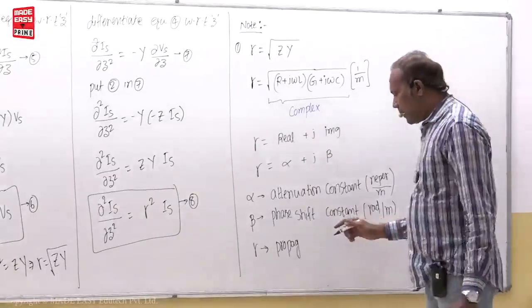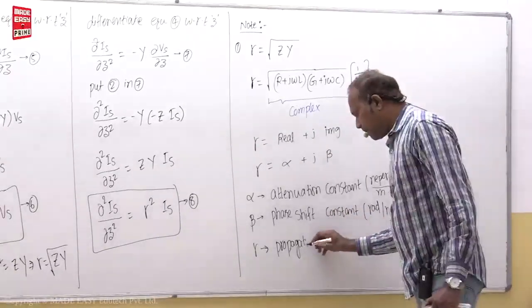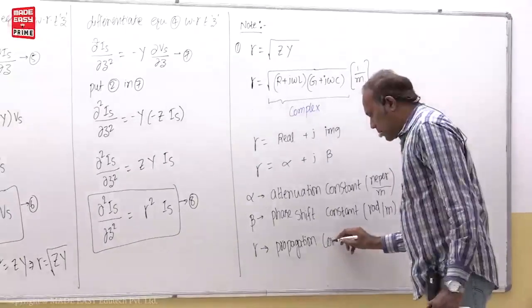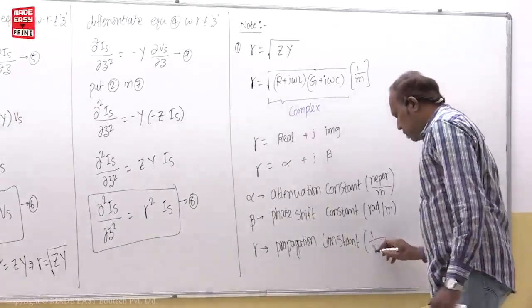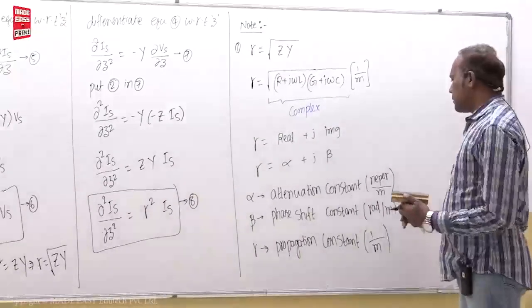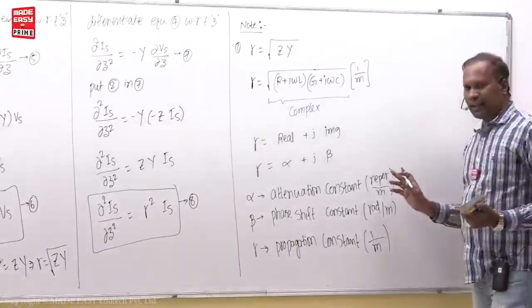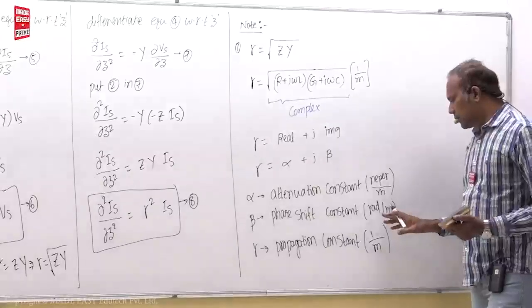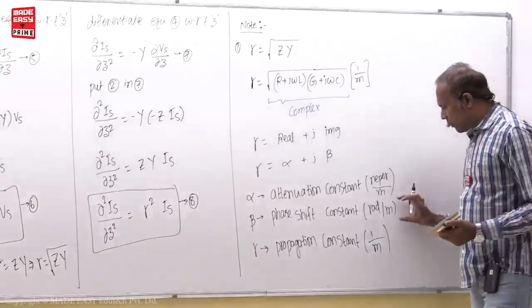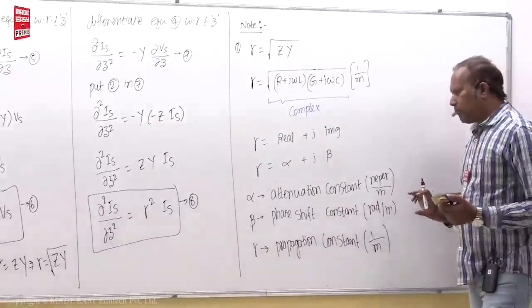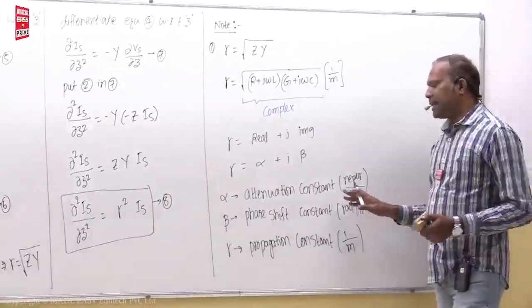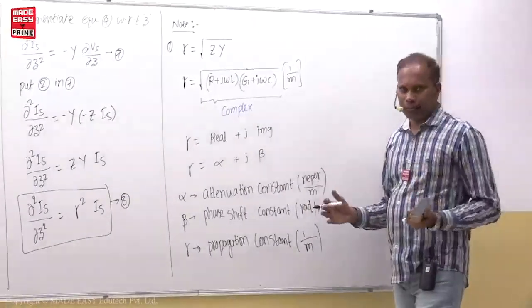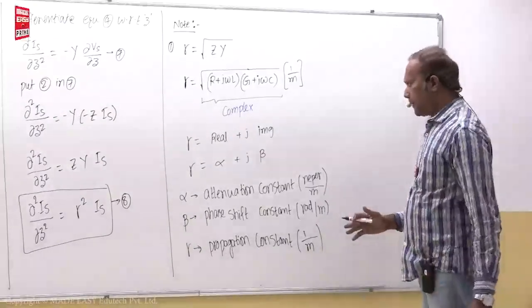The unit is 1 by meter. Neper means no unit, radian means no unit, so this is also actually 1 by meter. But Neper indicates a loss term, and radian indicates a phase term. That is the story of that.